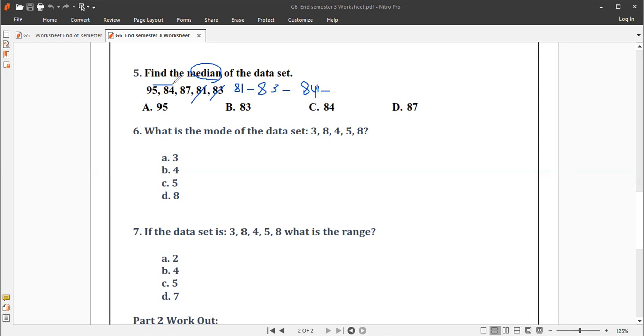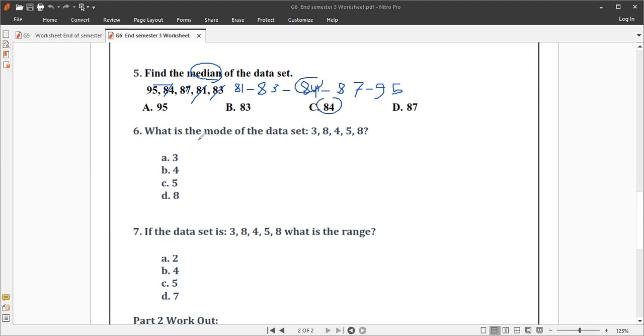Then 87. Then 95. Now, after we order them from least to greatest, we pick the middle number. The middle number is 84, so the answer is C.